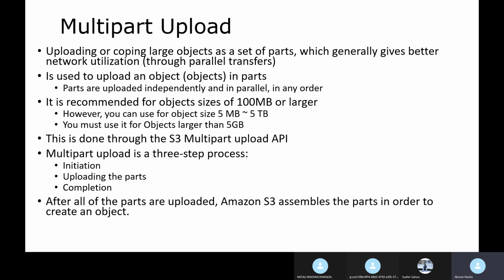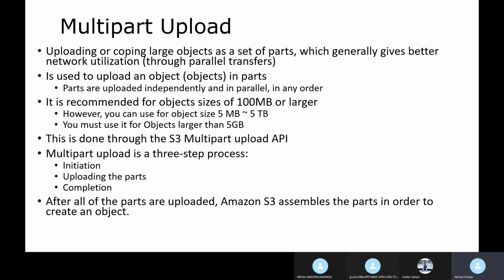Uploading or copying large objects as a set of parts generally gives better network utilization. While uploading one object, it will upload in one connection. Suppose you might have used some torrent software to download one movie, right?